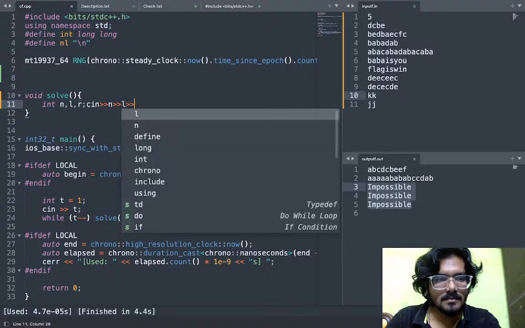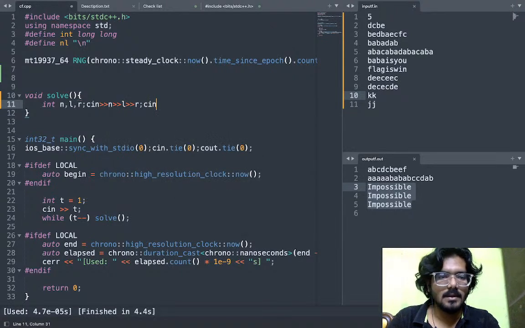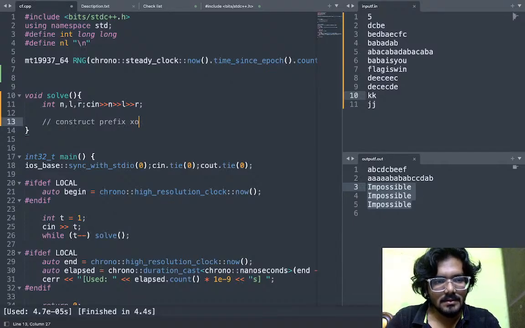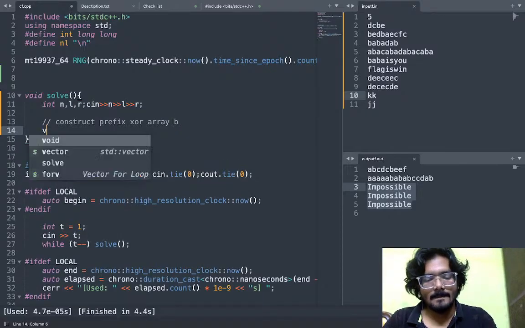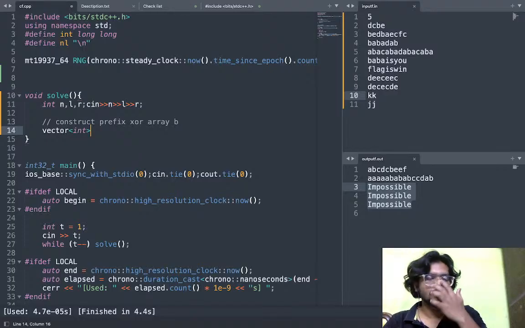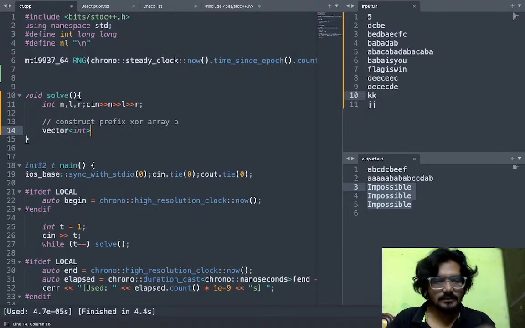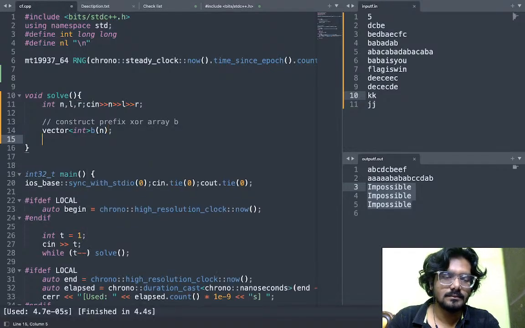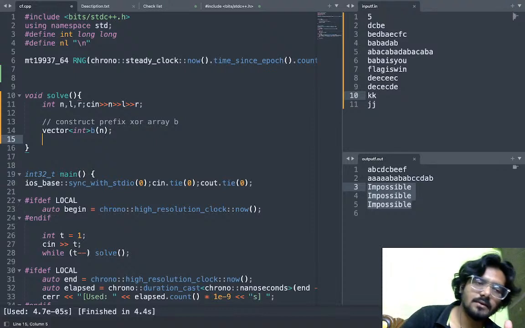Now I need to construct the prefix XOR. We need an array of n elements.